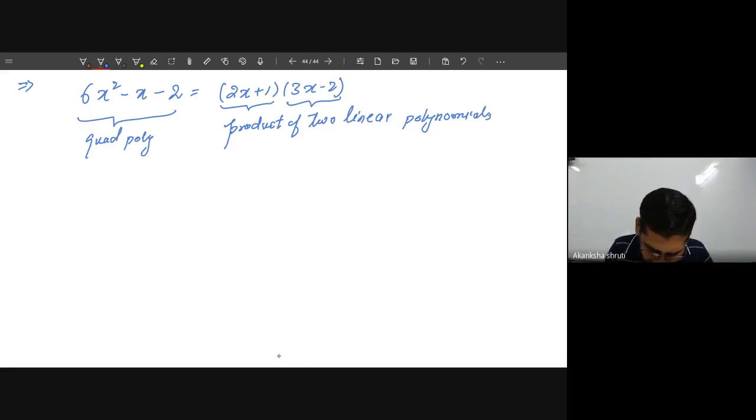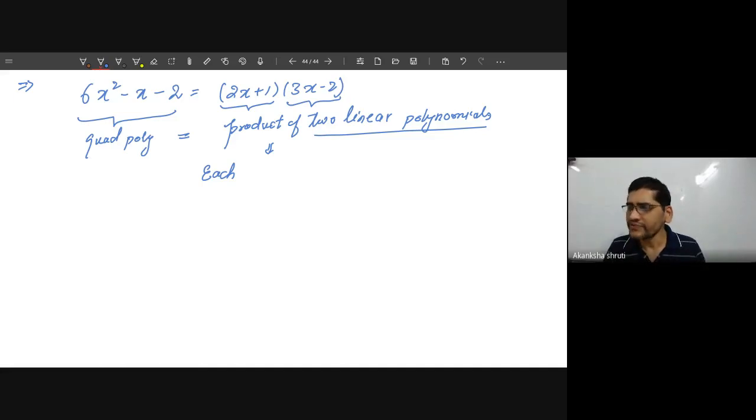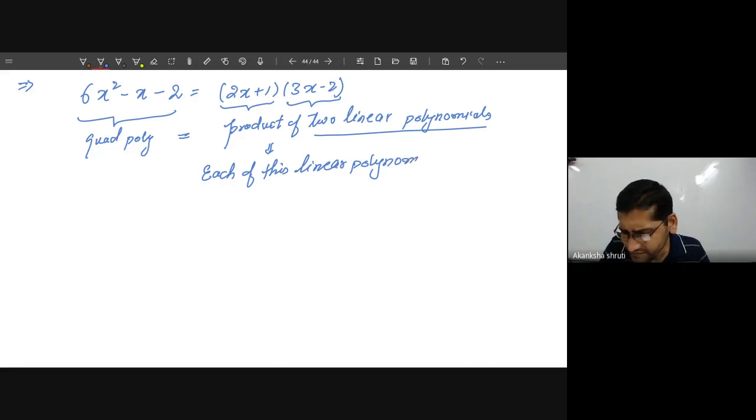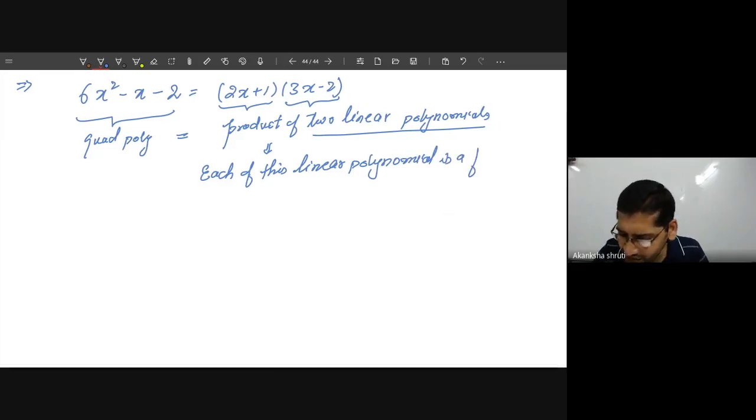When a quadratic polynomial can be written as a product of two linear polynomials without adding something, then each of these linear polynomials is a factor.